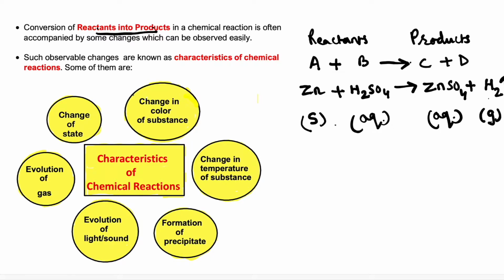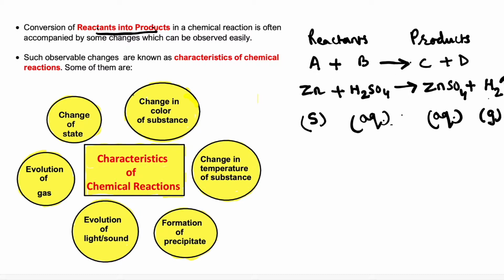These are the various states of the reactants and the products. So these are observable changes: on the reactant side I had taken a solid and an aqueous solution. After the reaction, I am not getting any solid. I am getting the aqueous solution of zinc sulfate with the evolution of hydrogen gas.